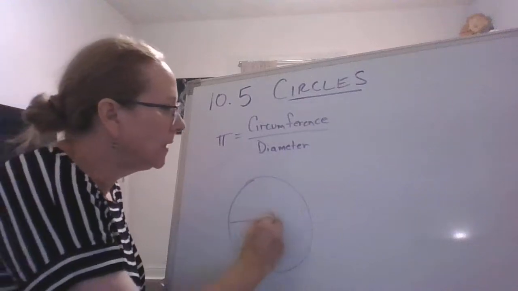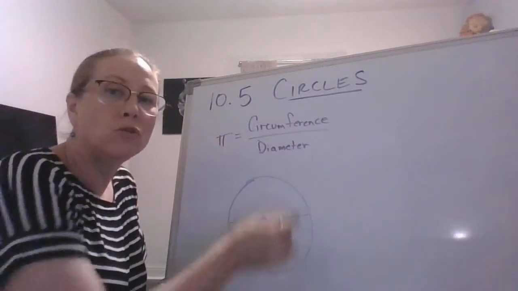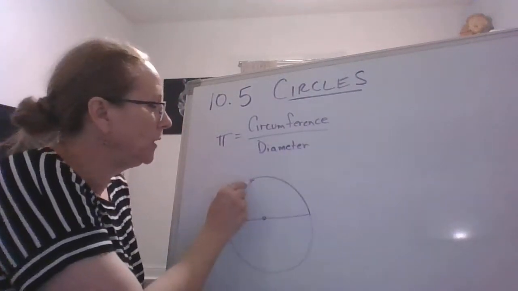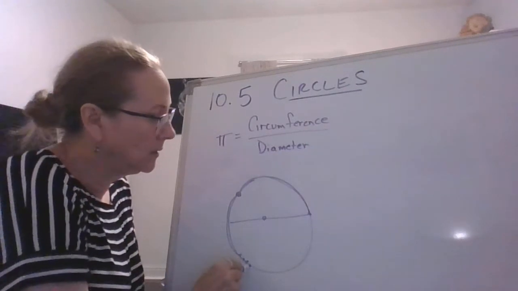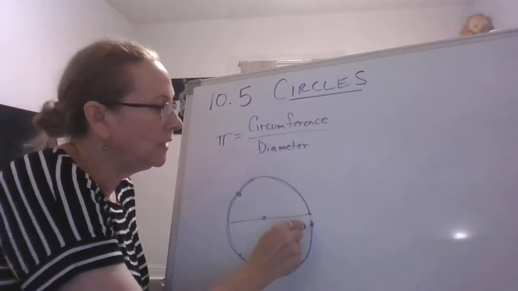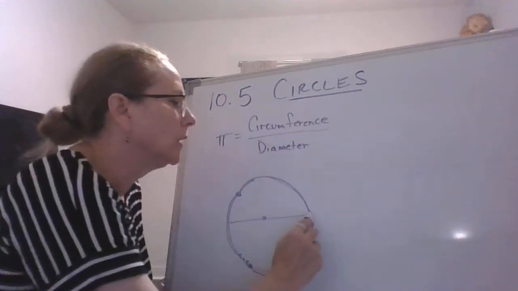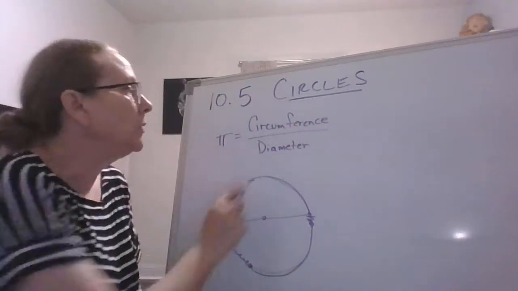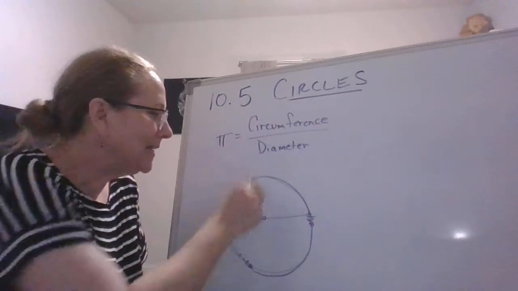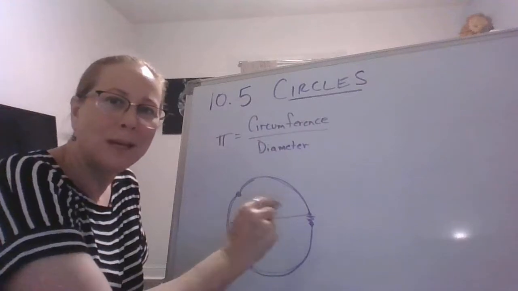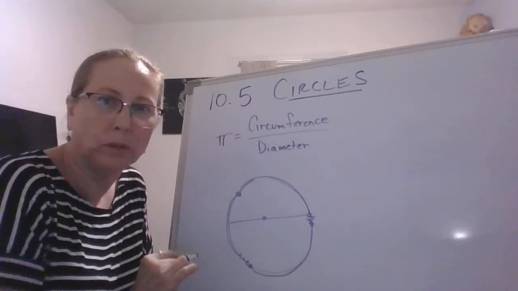If you take that diameter and then you stretch it around the circle, it goes once, starting here, once, twice, 3 times, but it comes up just a little bit short. And that is where the 1, 4, 1, 5, and so forth comes in. 3 times doesn't quite finish the circle.